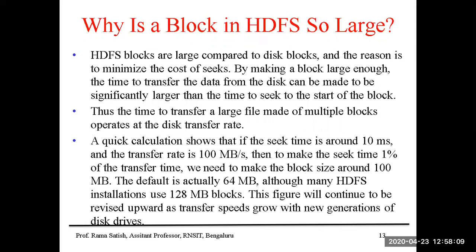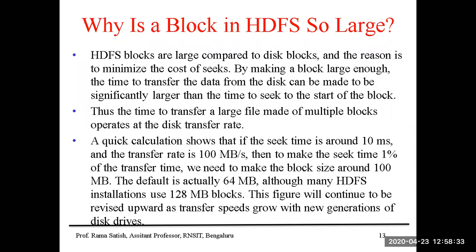So if you want your file system to be fast, your block size should be large enough to read at once. Normally it will be maintained at 64 MB. You can configure it up to 128 MB block size. That is another good thing about HDFS that you should consider.